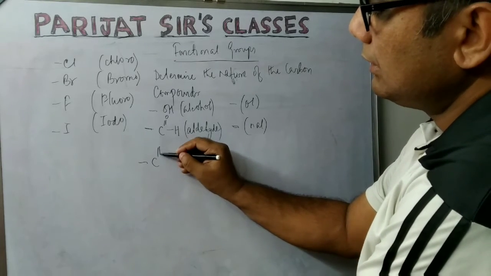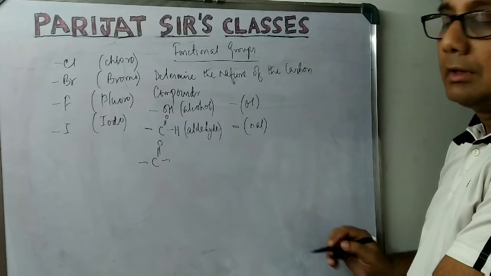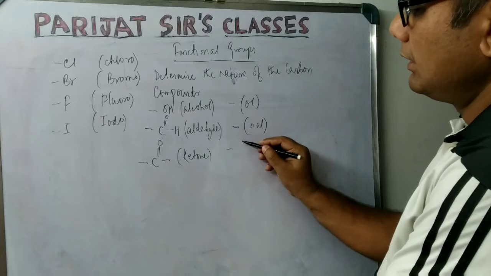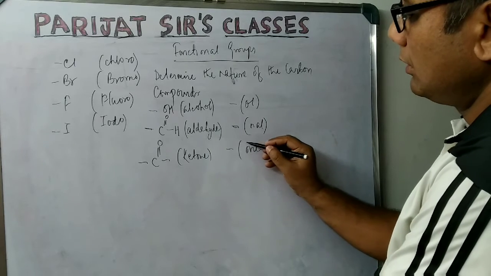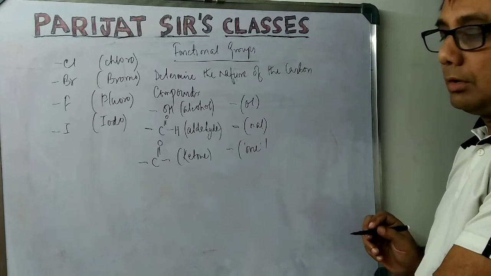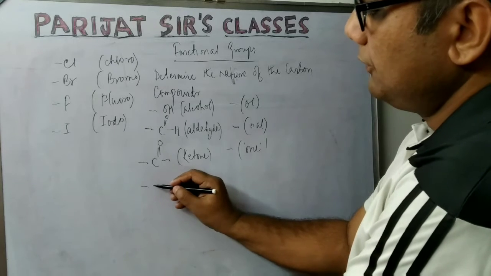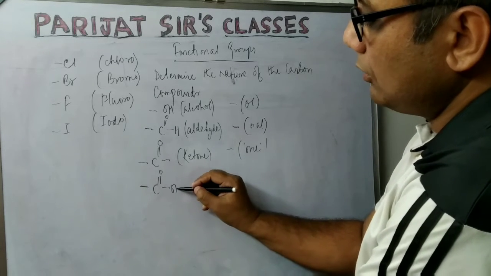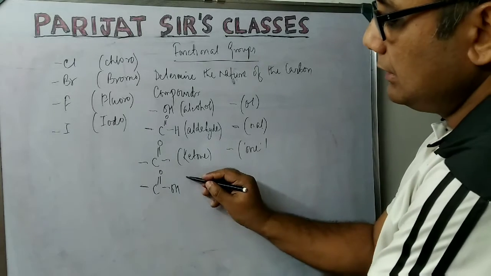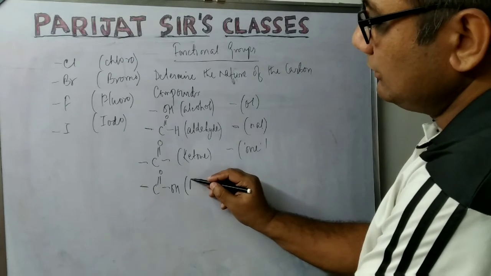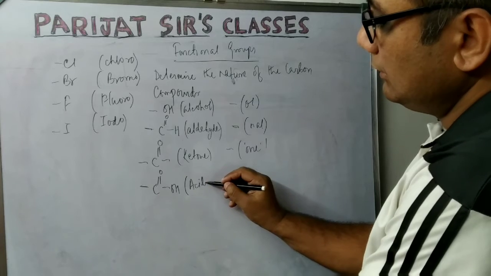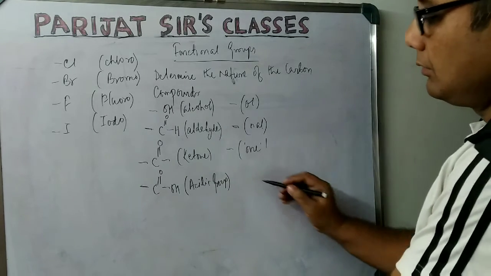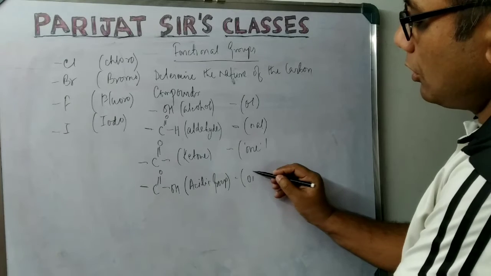If C double bond O is attached, it is a ketone group, and we'll choose the word ONE. Similarly, if C double bond O and OH is attached, it is an acidic group, and we will choose the word OIC acid.